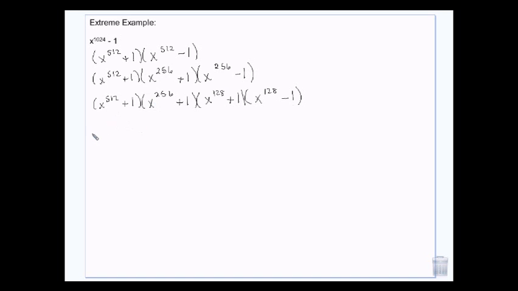Divisible by 2. Divide that by 2 and I get 64. Divisible by 2.